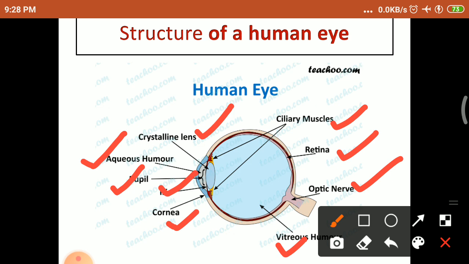One part is missed, that is the blind spot. Here you have to mark the blind spot. And also when you are drawing the ciliary muscle, it must be attached to the eye lens and must be connected in this direction.